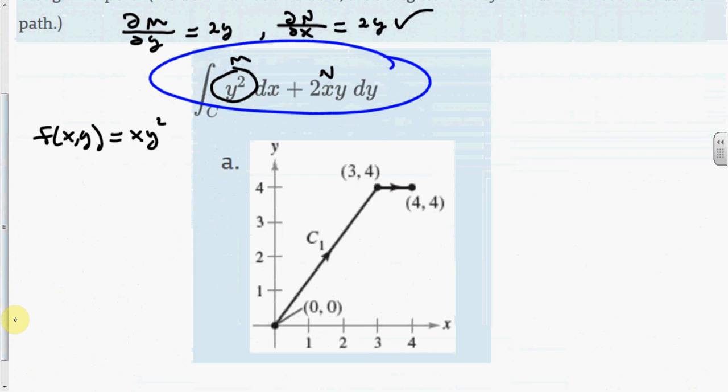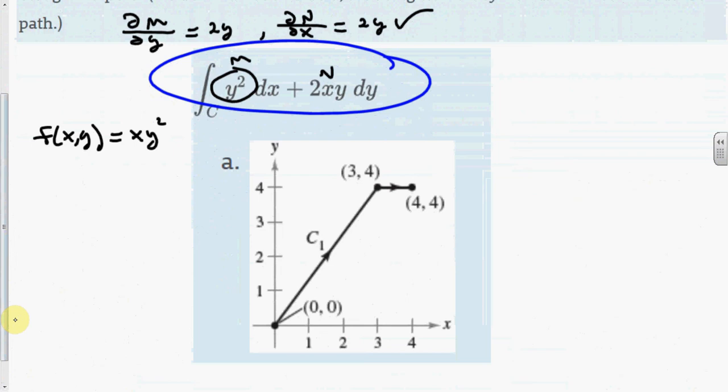It's all a connected region. So you can evaluate the line integral from 0, 0 to 3, 4, plus the line integral from 3, 4 to 4, 4. That'll be the same as evaluating from 0, 0 to 4, 4, because it's independent of path. So we just bypass 3, 4.